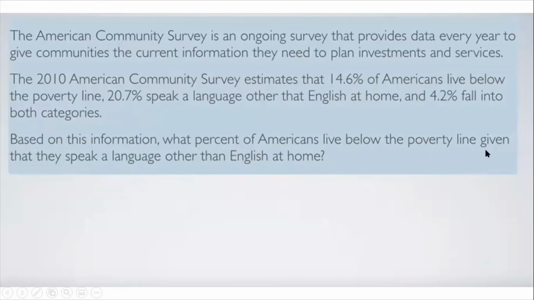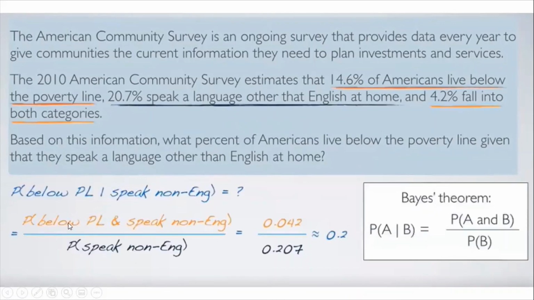So basically, this problem is a conditional probability. The condition is that they speak another language, and then we ask what proportion of these Americans live below the poverty line. So use Bayes theorem: divide the intersection by the marginal probability. The probability of below poverty line and speaking another language, the joint probability, is 0.042, which is here.